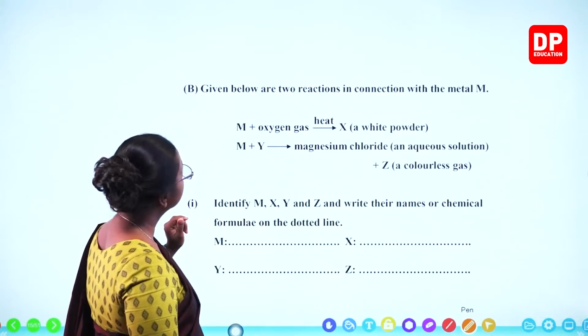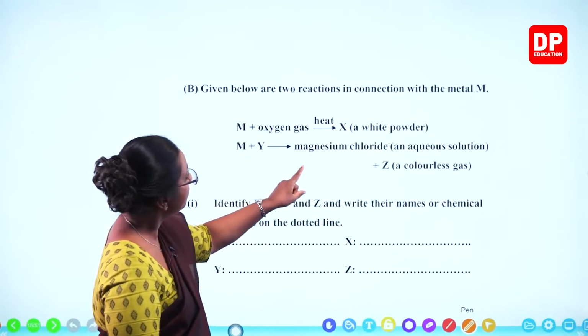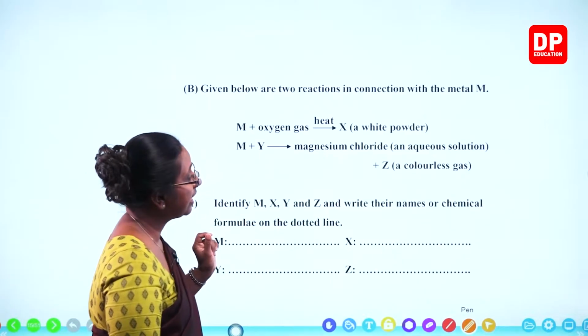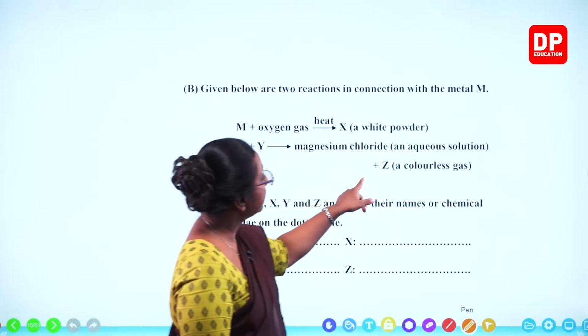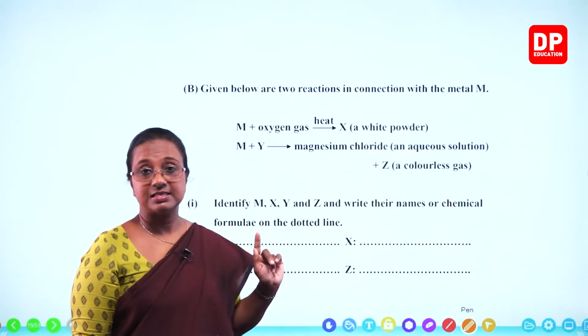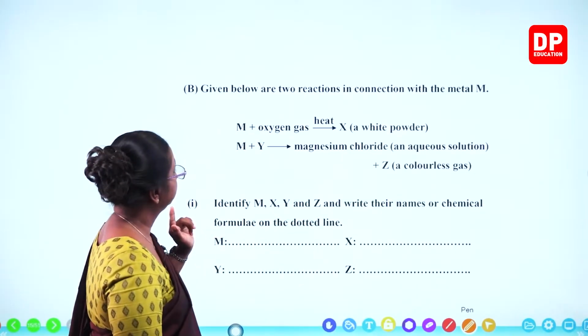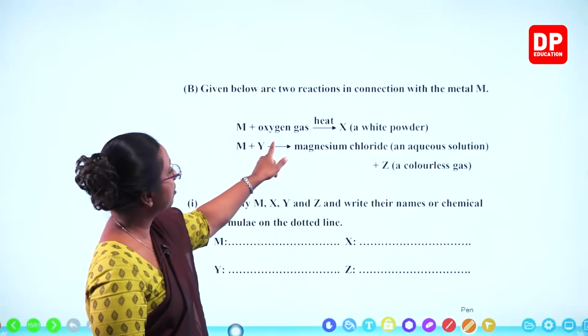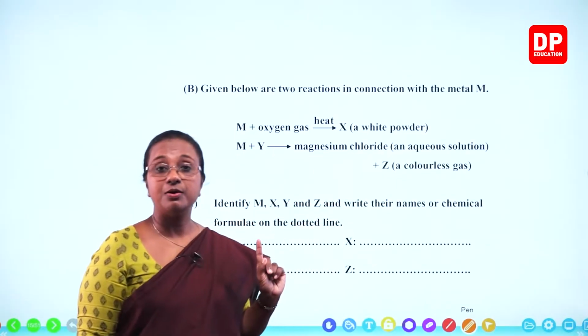Then M plus Y gives rise to magnesium chloride, which is an aqueous solution, and component Z, that is a colorless gas.